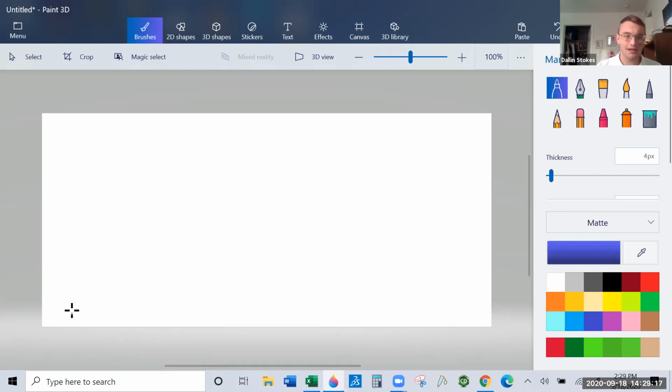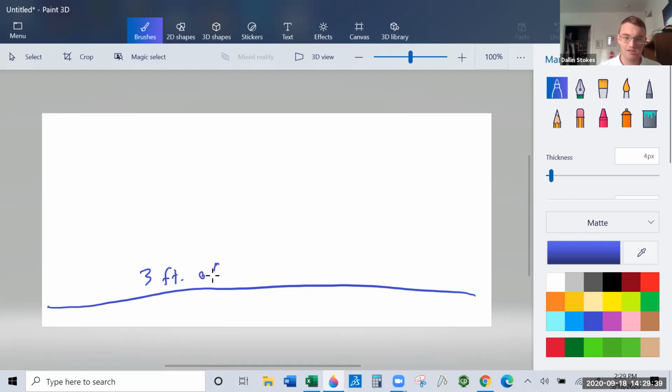So believe it or not, if you take all of the DNA in one of your cells and strung it out end to end, you would have about 3 feet of DNA in every cell. That's about 1 meter for those of you that aren't in America. 3 feet of DNA in every cell.